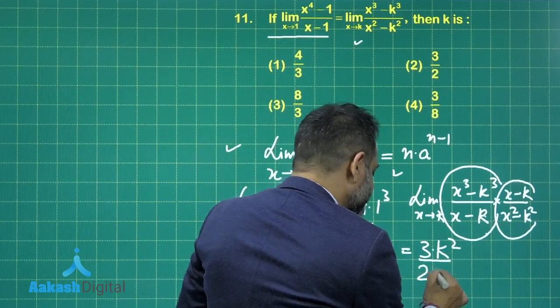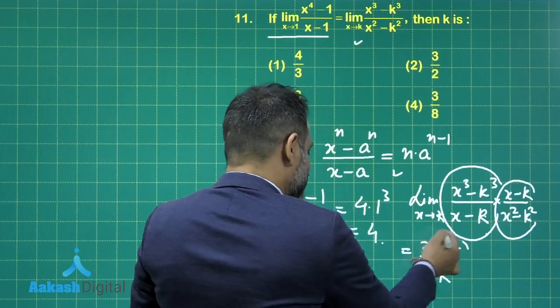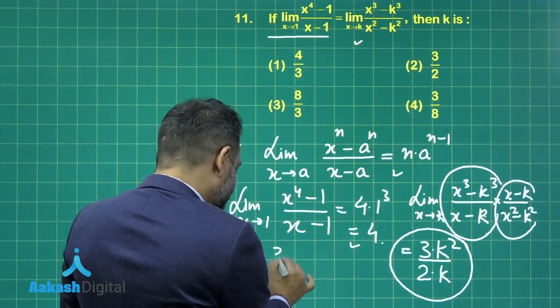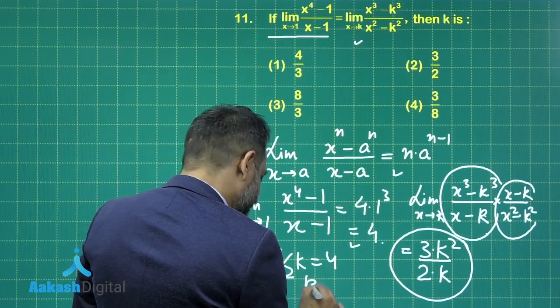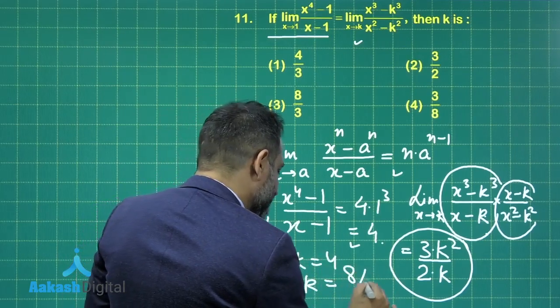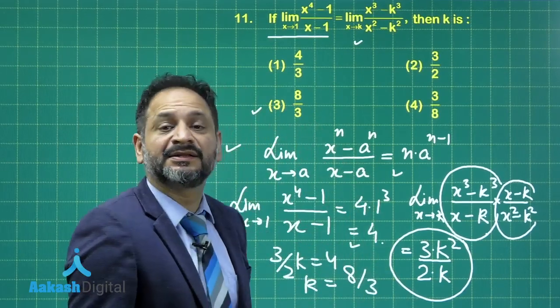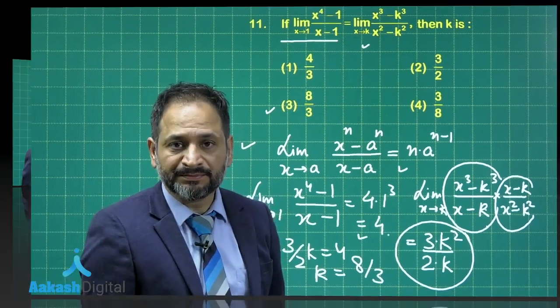So, it is 2 k raised to the power 2 minus 1, that is 1. So, this is the limit. Now equating with 4, we have 3 by 2 into k is equal to 4. So, k is definitely equal to 8 by 3. So, the option which is correct is the third one. Let us move to the next problem.